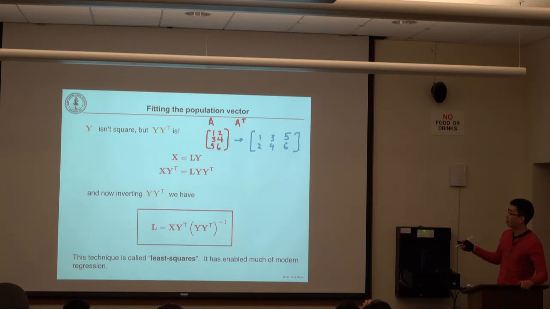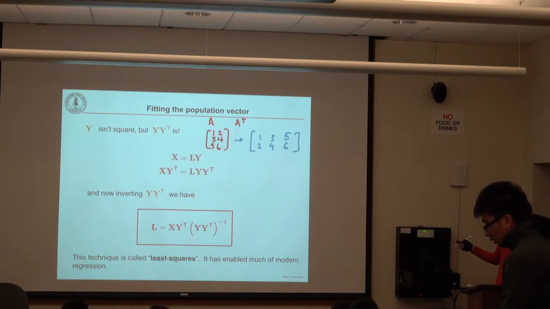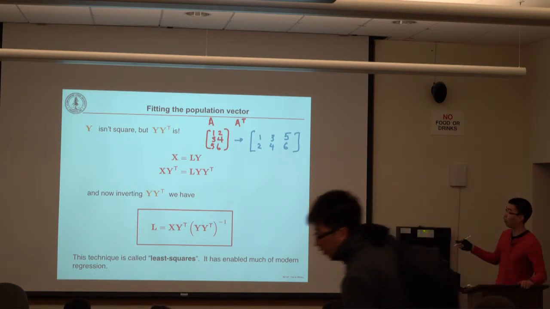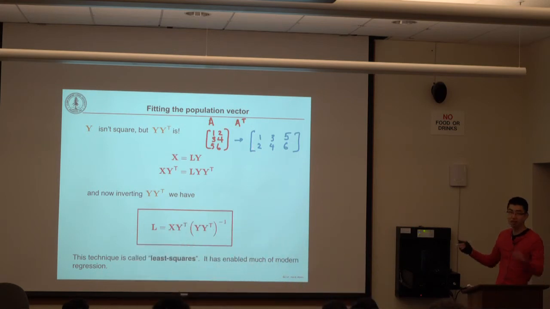I've taken the element 2 in row 1 and column 2, and put it in row 2, column 1. So I've just swapped the column and the row dimensions. 6 is in row 3, column 2, so now it should go in row 2, column 3. And that's all we mean by transposition.